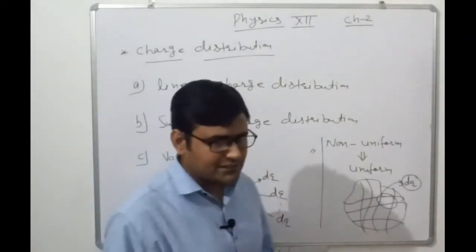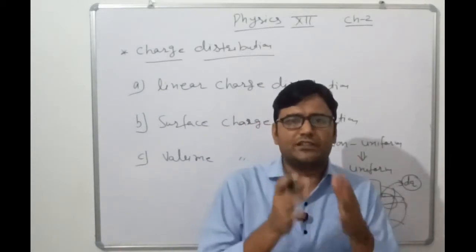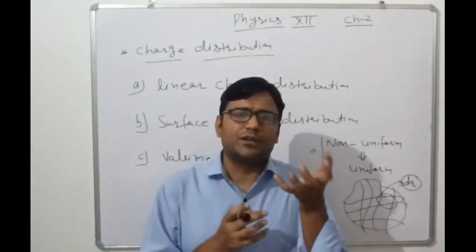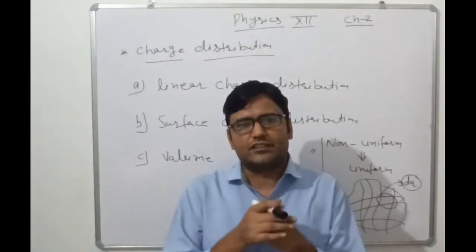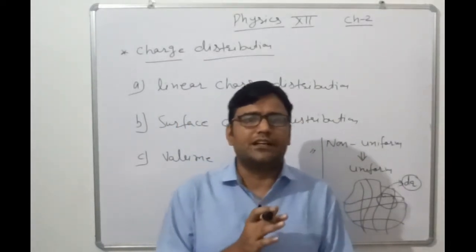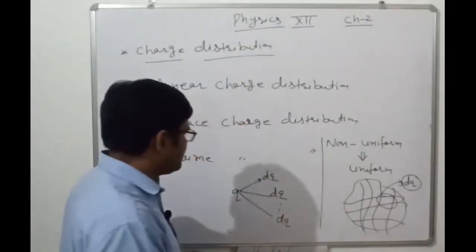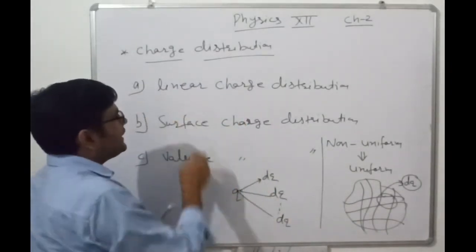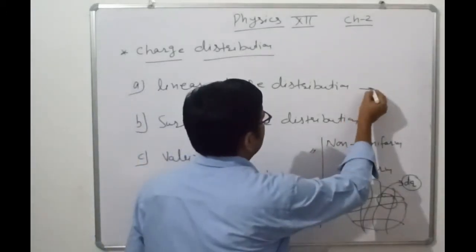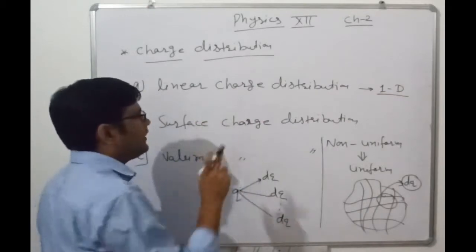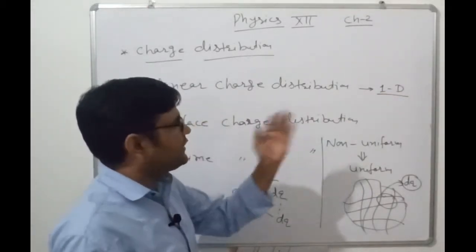It means the complete charge you have, you divide into smaller segments, then for that particular smaller segment you can do the calculations, and then it is integrated with respect to the entire limits. If this distribution is along a line, then it is considered a 1D distribution, because here only one dimension changes.